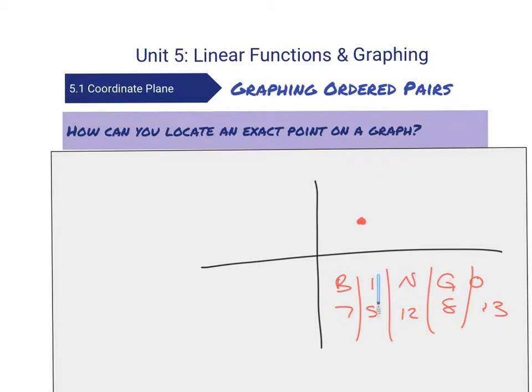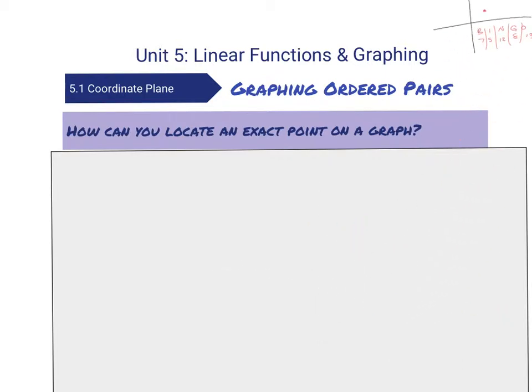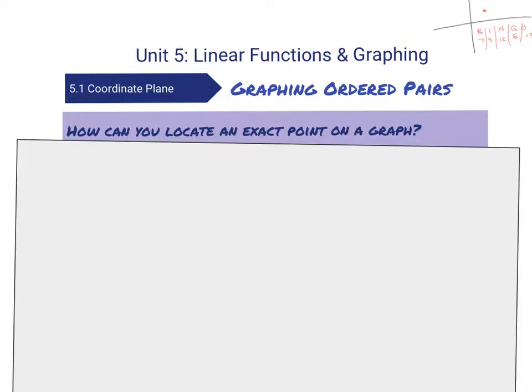So you always go horizontal, sideways, left to right, before you go up and down. So in this case, you really need to know what this value is, and then you need to know what this value is. That's what we're talking about today with locating points on a graph.